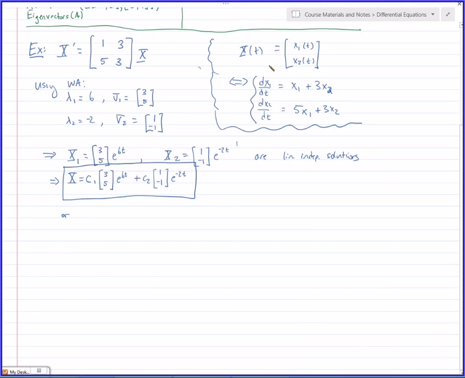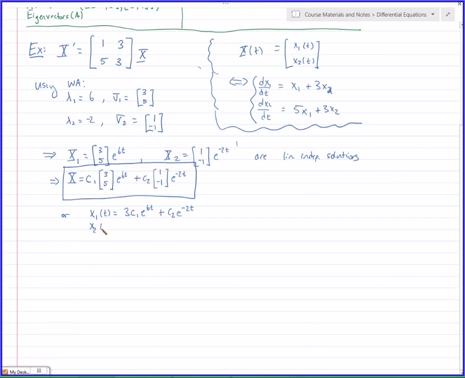Or, thinking again of x(t) as (x1, x2), if you just were to multiply out this vector here, you get that x1 of t, the solution to the first dependent variable, would be 3c1 e to the 6t plus c2 e to the minus 2t.